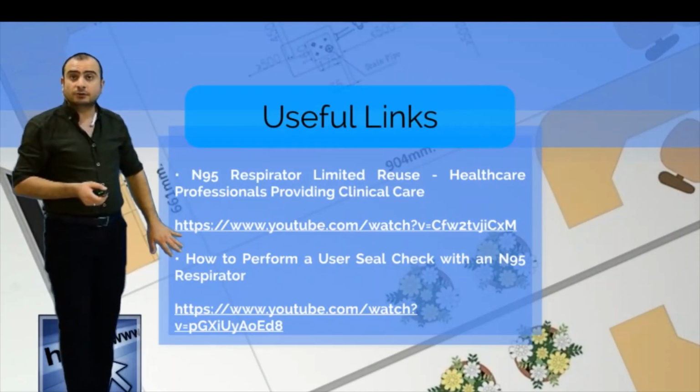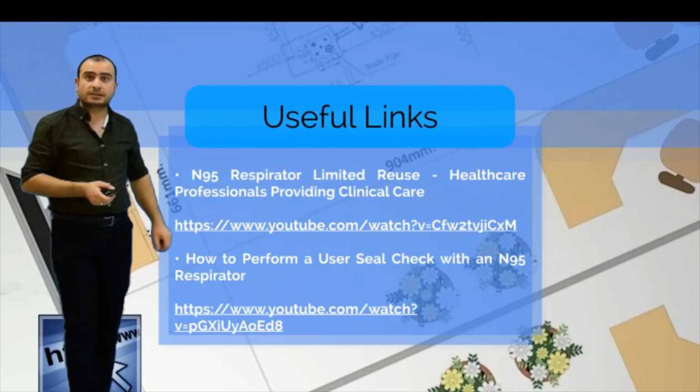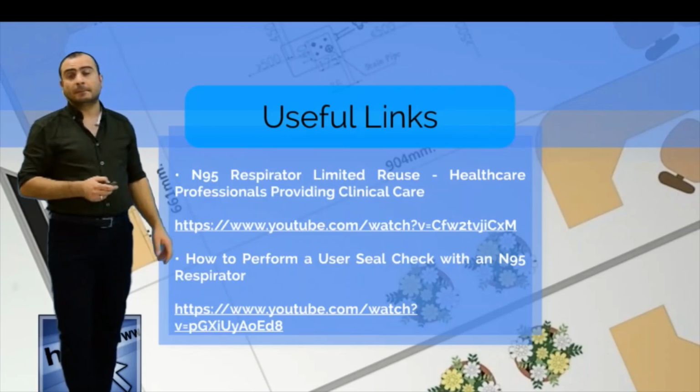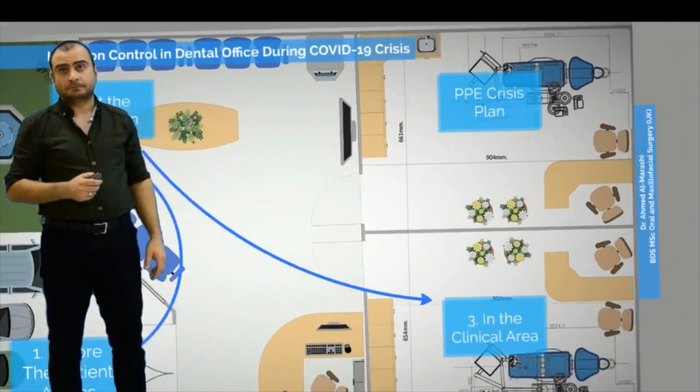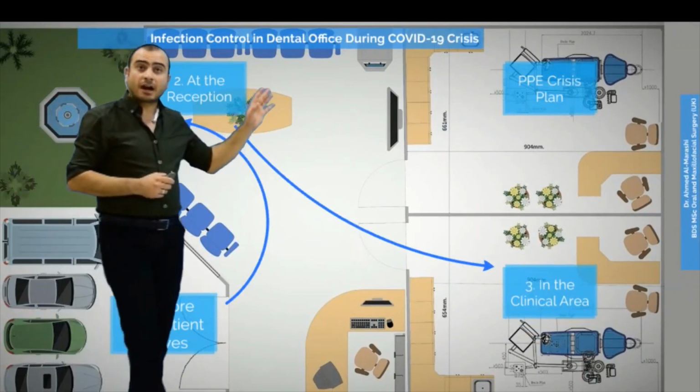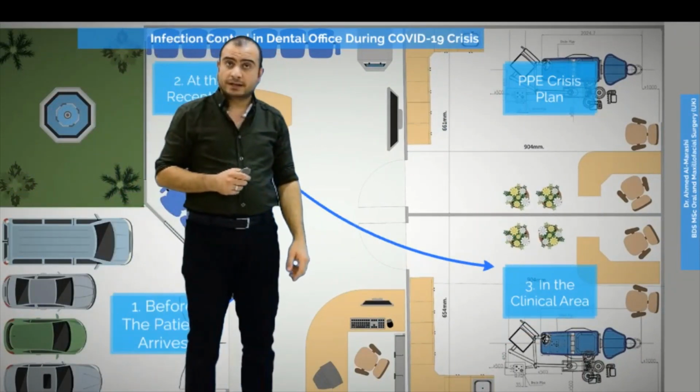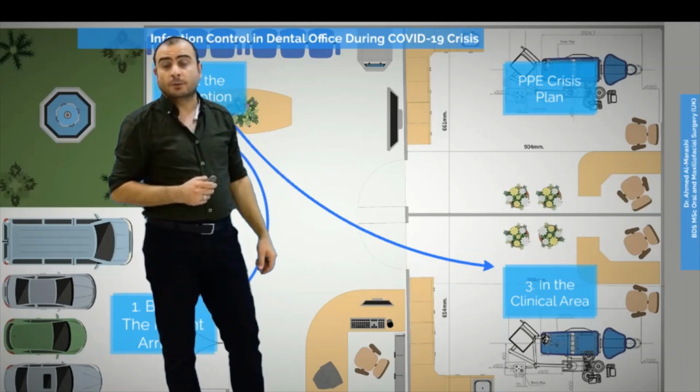We also need to know how to perform a user seal check. You can follow these links and have a look at these videos, which I think are very important during this time. This is the crisis plan during COVID-19 for the personal protection equipment.